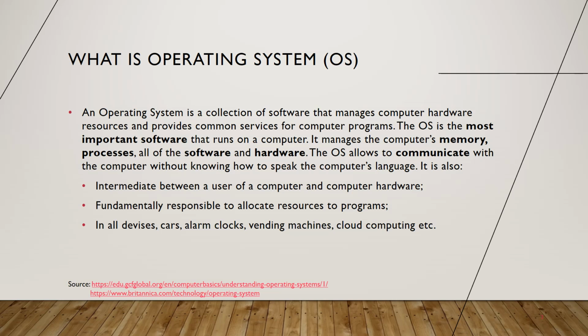The two early time sharing systems were the Compatible Time Sharing System, or CTSS, which was developed by MIT, Massachusetts Institute of Technology, and the second one was the Dartmouth College Basic System, or DCBS, by Dartmouth College.